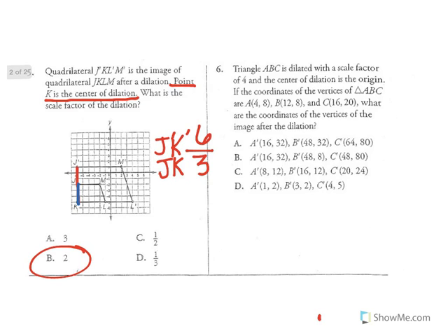So with each of these coordinates, you are going to take them and multiply them by 4 for the X and 4 for the Y. So you're going to look at these and say 4 times 4, 4 times 8, 4 times 12, 4 times 8, 4 times 16, 4 times 20. And you're going to find the best answer. So the best answer would be A, because when you multiply all those coordinates by 4, you get A prime 16 and 32, B prime 48 and 32, C prime 64 and 80.